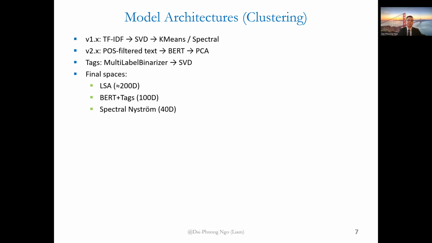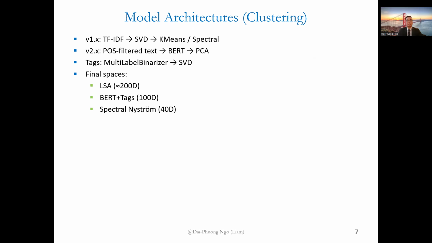In the V2X line, the architecture becomes fully semantic. POS-filtered questions are embedded using a sentence BERT model, reduced with PCA, and concatenated with SVD-reduced tag vectors. This produces a compact 100-dimensional representation that blends language semantics with weak supervision from tags.